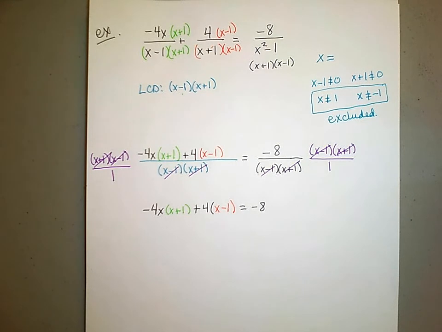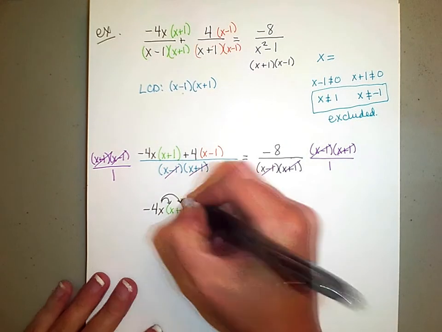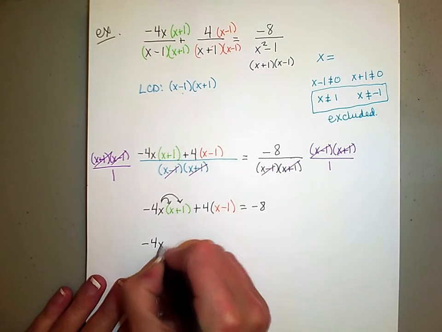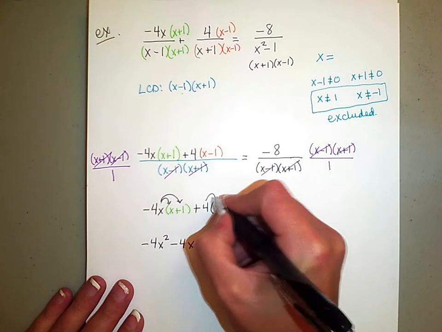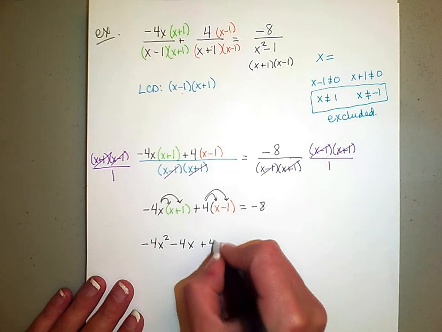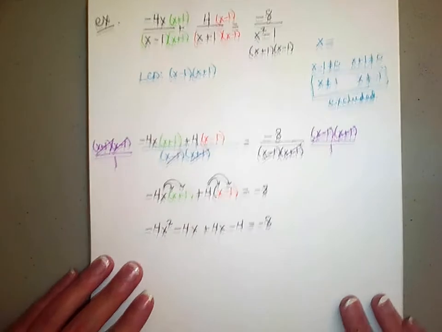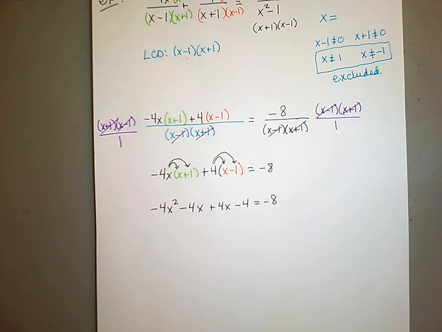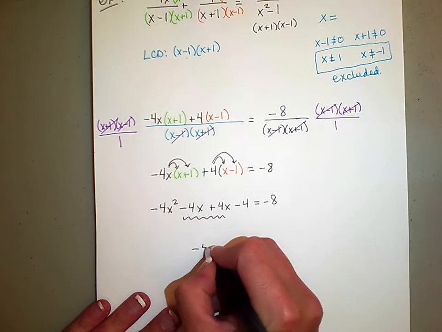And now the fractions are gone, the rational equations are gone, so let's just solve these. We'll distribute this through. So negative 4x squared minus 4x, and distribute this 4 through, plus 4x minus 4 equals negative 8. When we combine like terms, those will go to 0.